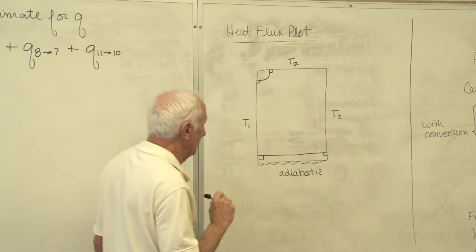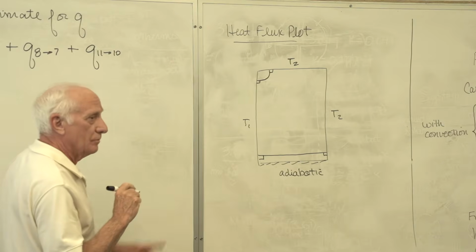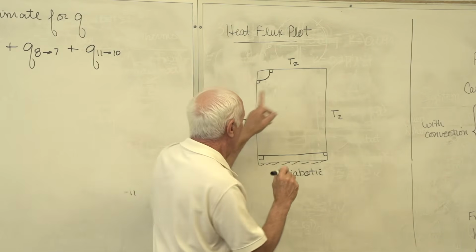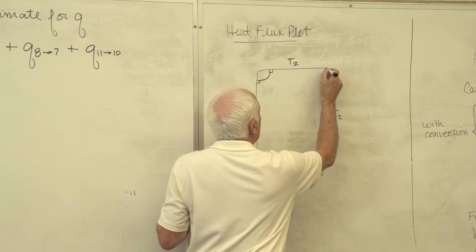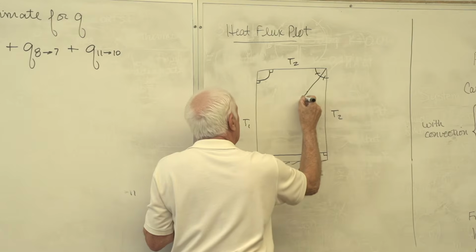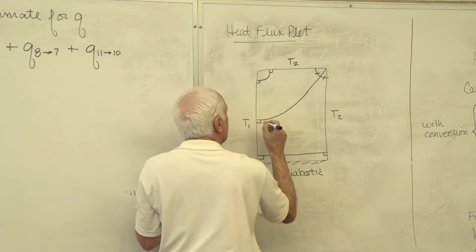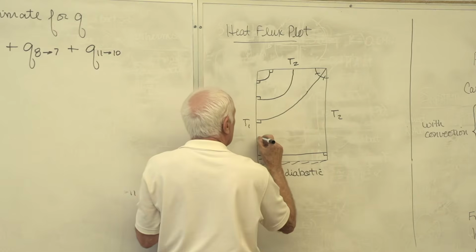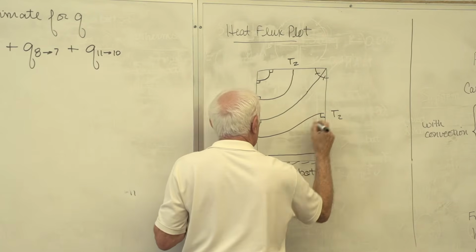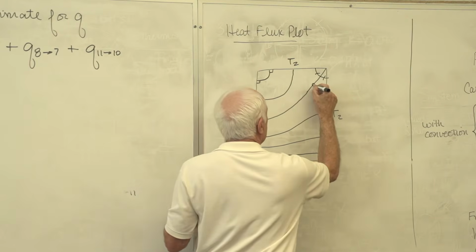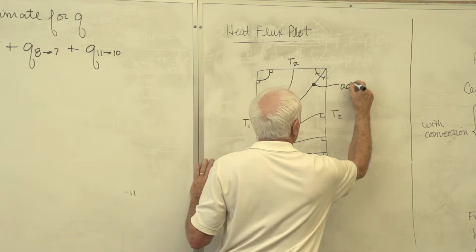Okay, there's an adiabat. Oh, that's an isothermal corner. I know an adiabat comes out of that corner and it bisects that corner. And then it has to go out down here or vice versa. Fill in the rest. There they are. These are the adiabats.